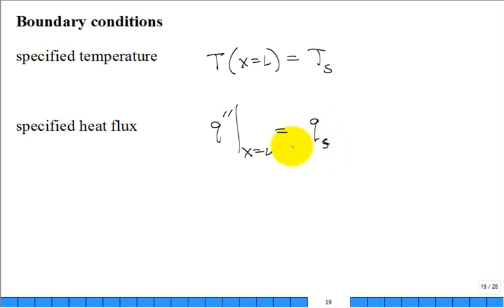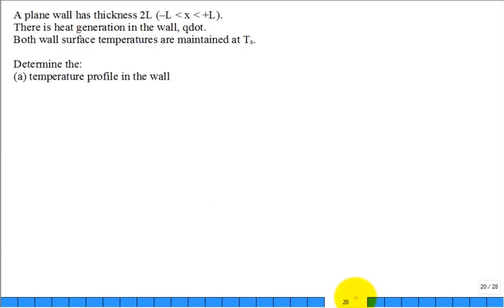And then you say, well, isn't this related to Fourier's law? Sure. So it's minus k dT/dx at X equal to L, and that's equal to Qs. You have to mathematically get the right boundary conditions to then solve your differential equation to get the temperature distribution.